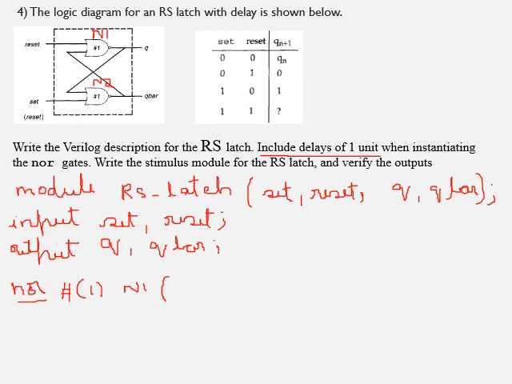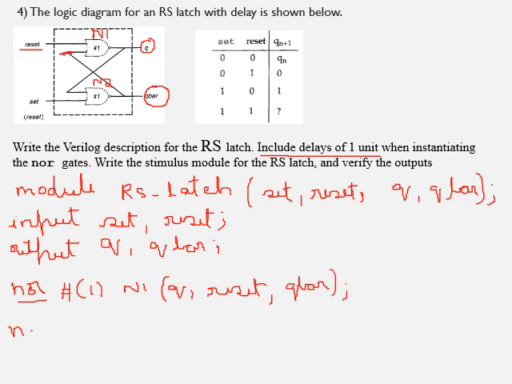So always the order is first it should be the output. Output of this N1 is Q, and input is reset. And the other input is Q bar.